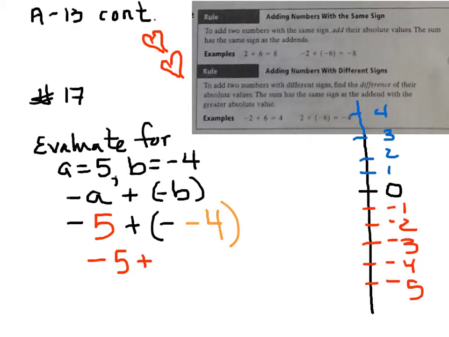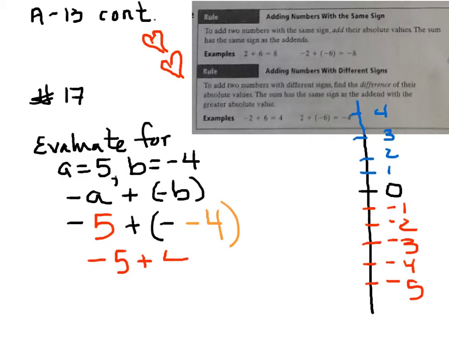So there we go. We want the opposite of negative 4. This little minus sign here is going to flip over and make that a positive. Minus a minus gives me the opposite of a negative 4 is a positive 4.